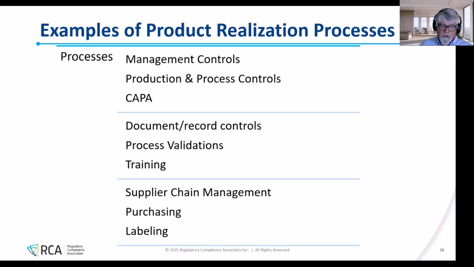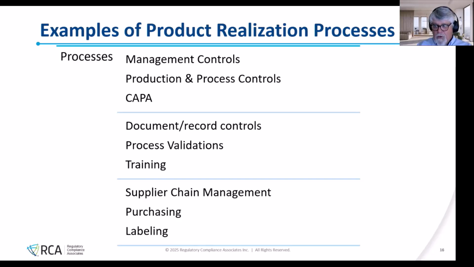You also have to control your supplier chain management. There's going to be a presentation given to that later on in the seminar or the symposium, supplier chain management. There's purchasing and there is labeling. I want to say one thing about labeling that's important to recognize conceptually. When you slap a label on your device, that label has a lot of information, including the UDI, unique device identification string.